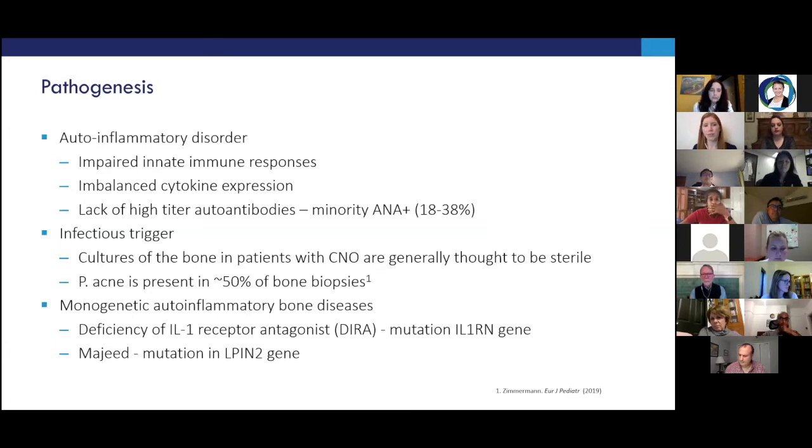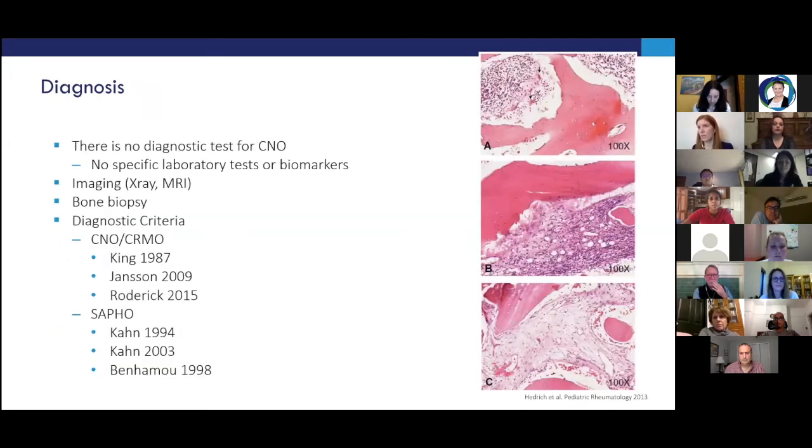For the sake of this group, we have kept these separate from the overall generation of the core domain set. So we're primarily focusing on the CRMO non-genetic form, and SAPHO. There's no diagnostic test for CNO, so diagnosis is generally still a diagnosis of exclusion.